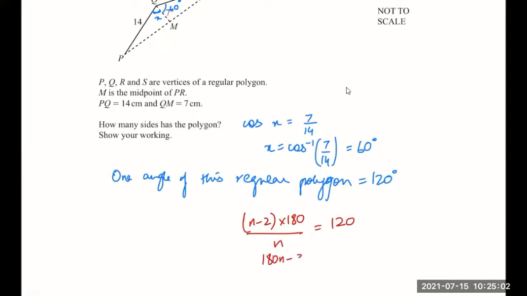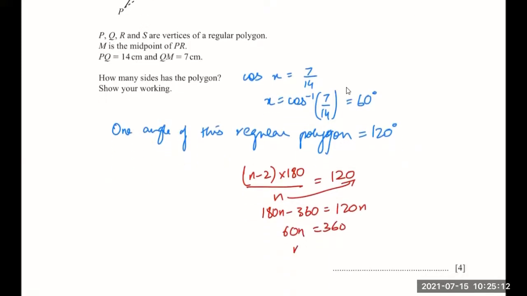If I expand this, what do I get? I've cross multiplied this. Yeah, 60n equals 360. Okay, and n is therefore equal to 360 divided by 60.